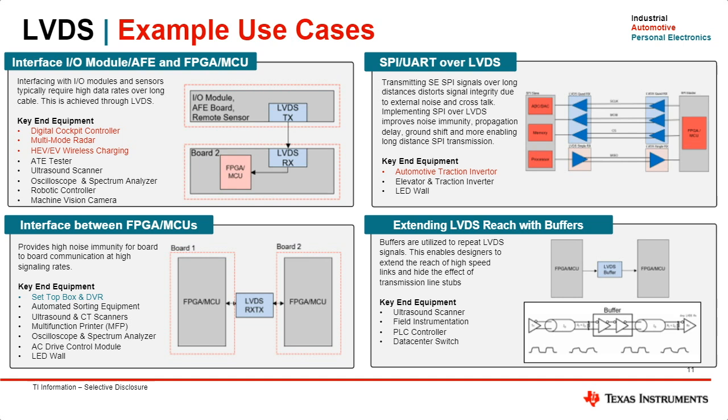Another application is using LVDS to transmit SPI or UART. In the instance of SPI, SPI was originally intended for an onboard interface over shorter distances, but as applications adapt, the need for transmitting SPI between boards or over longer distances has become more and more prevalent.